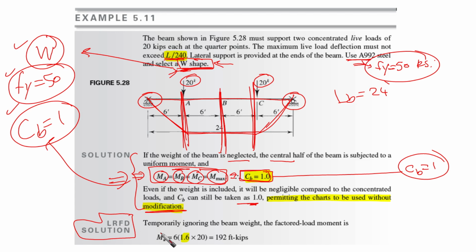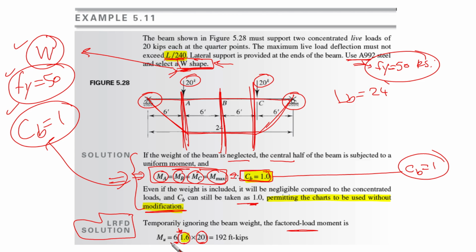Temporarily ignoring the beam weight, the factored load is going to be 6 times 1.6 times 20. We have 20, which is the concentrated load, and 1.6, which is the load combination factor.